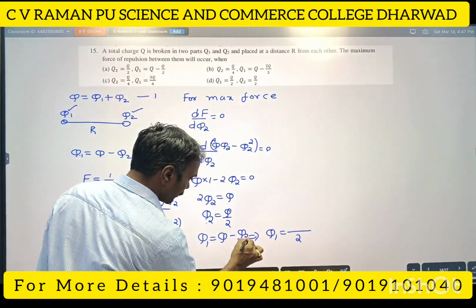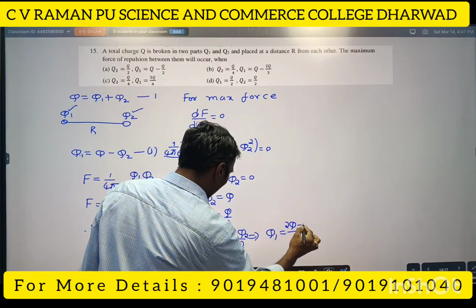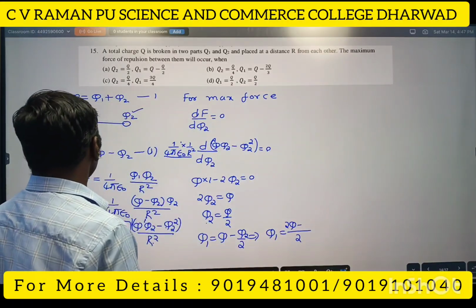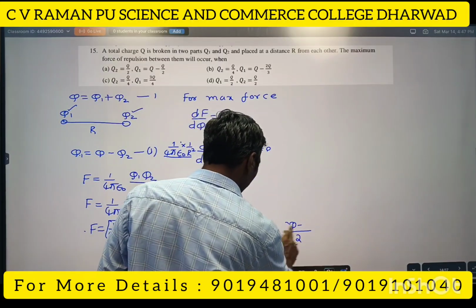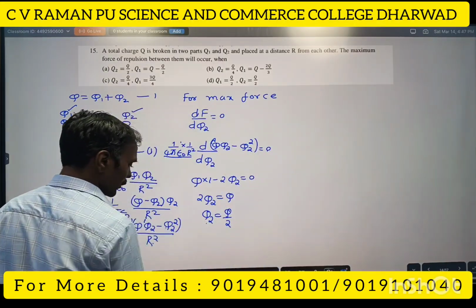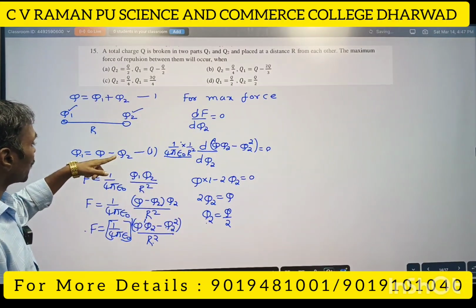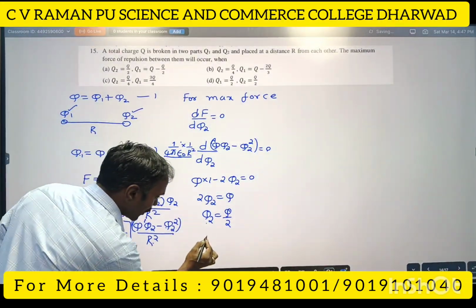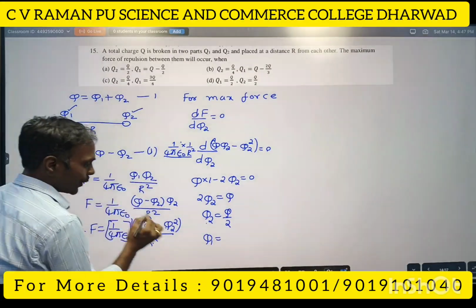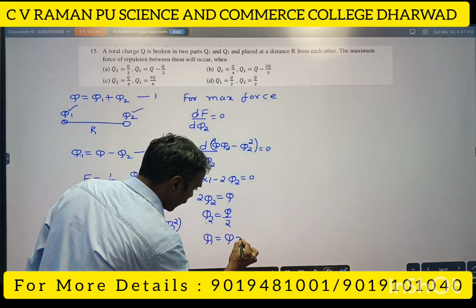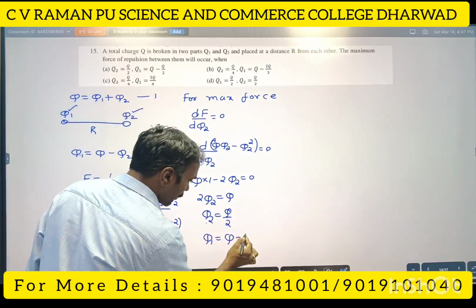We are calculating it, one minute, we'll do it once again. Here we are substituting the value of Q2 in equation number 1. In equation 1, Q1 is equal to capital Q as it is minus, what is the value of Q2? Q2 is equal to Q by 2.